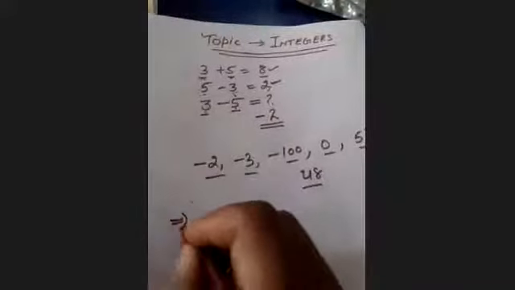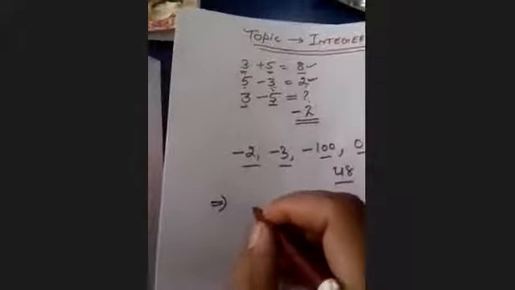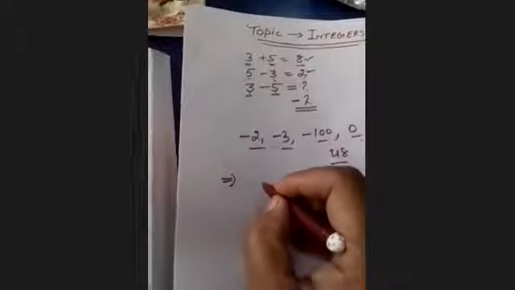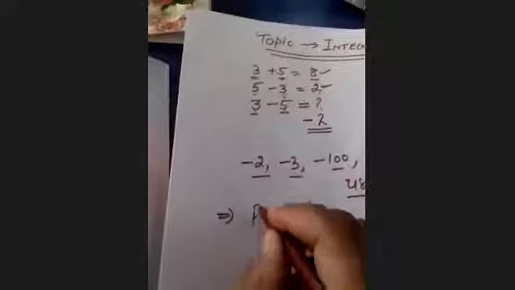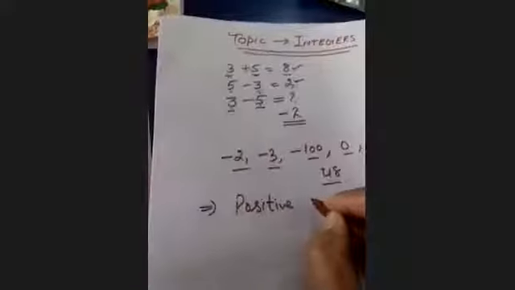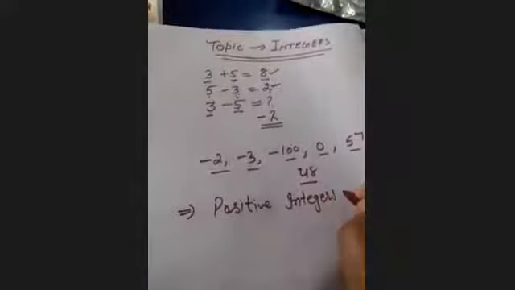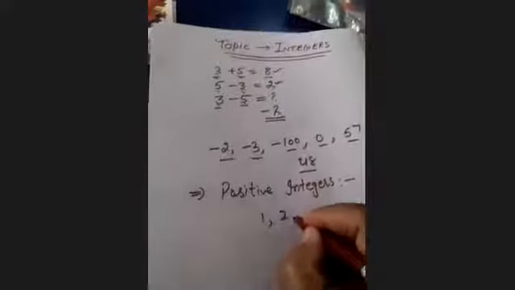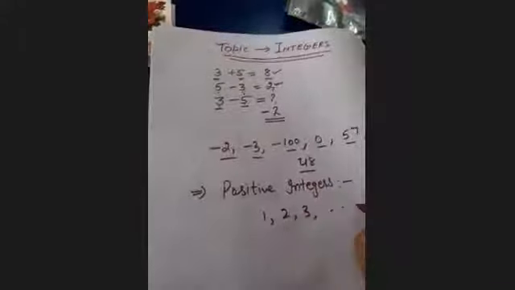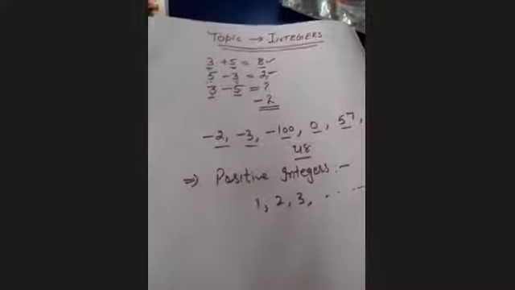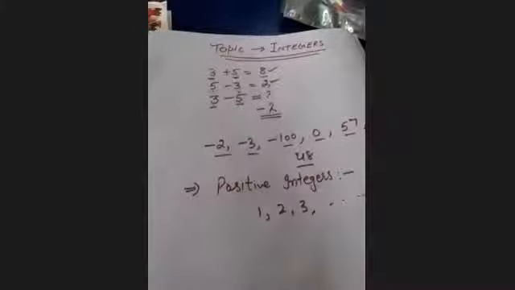First, positive integers. 1, 2, 3, these are all positive integers.